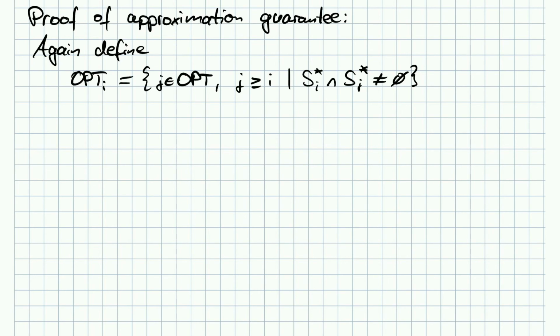And what's our claim now? Our claim is again that the sum of i in W of b_i will be at least a 1 over square root m fraction of the sum of i in opt of b_i.